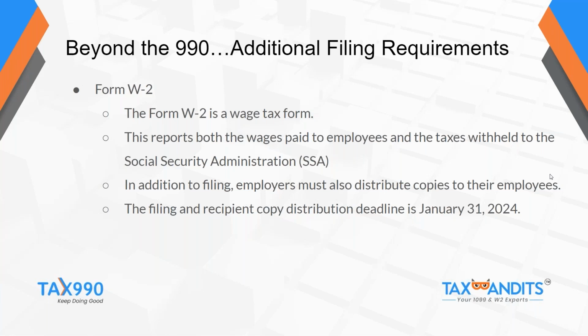A couple of examples of when you may be required to file Form W-2 are if you withheld any income, Social Security, or Medicare tax from wages regardless of the amount of wages, or if you paid $600 or more in wages, even if you did not withhold any income, Social Security, or Medicare tax. It's also important to note that these conditions still apply even if the employee is related to you. The filing deadline and recipient copy distribution deadline for Form W-2 are both January 31st.